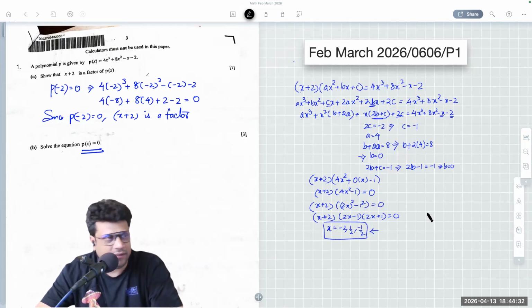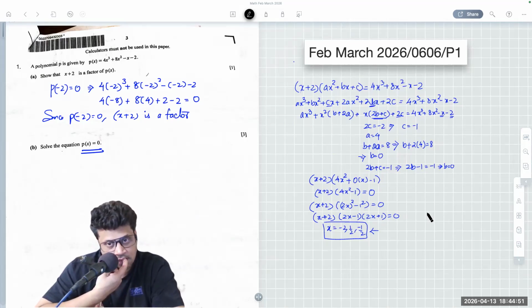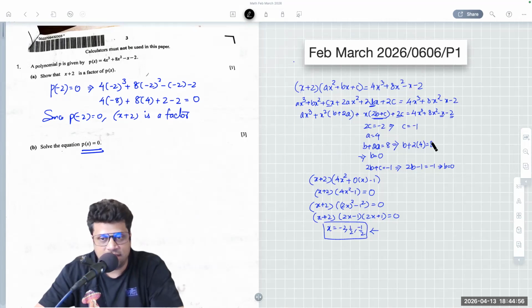I will stop at these solutions. If you want, you can take screenshots. So that I did a mistake here and I had to correct it.